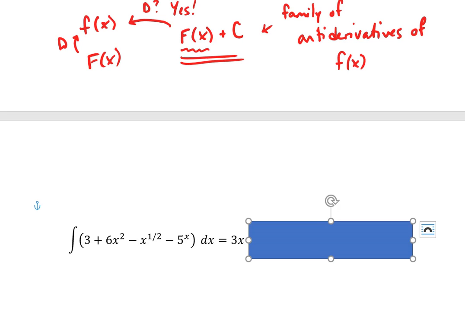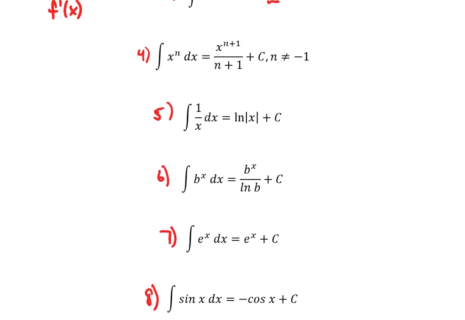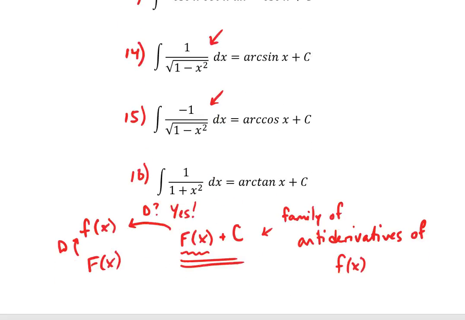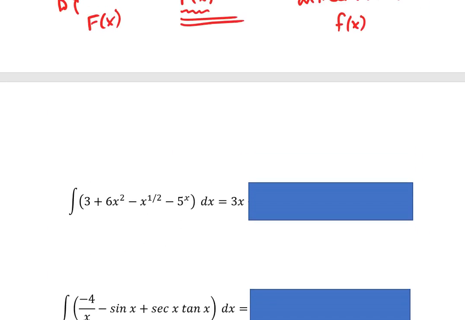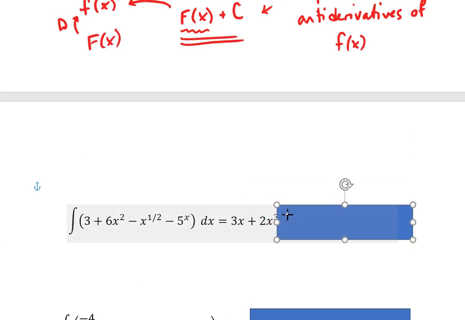The integral of the x squared piece, going back to our properties here, looking specifically at number 4, if n is 2, the integral of x squared is x to the 3rd all over 3. And then we multiply that 6 back in. That gives me 6x cubed over 3, or we get a 2x cubed.